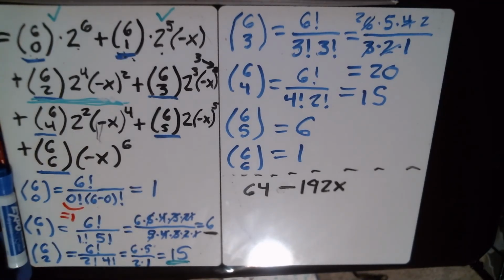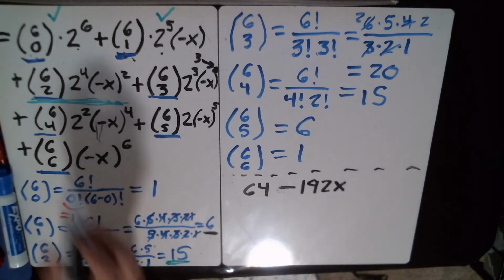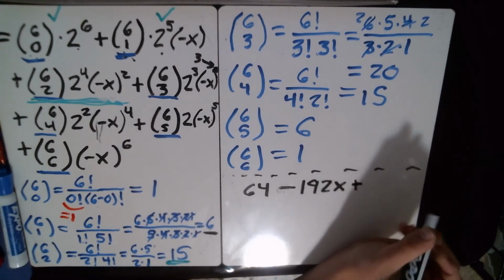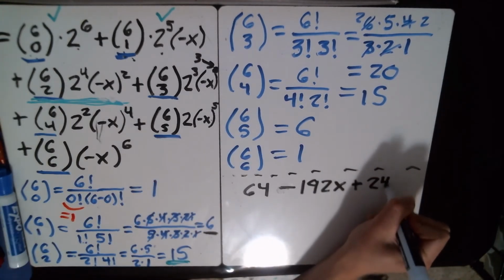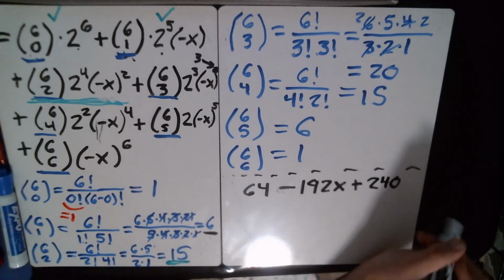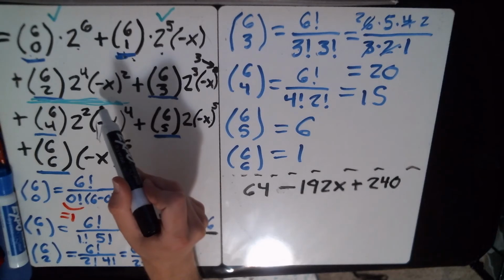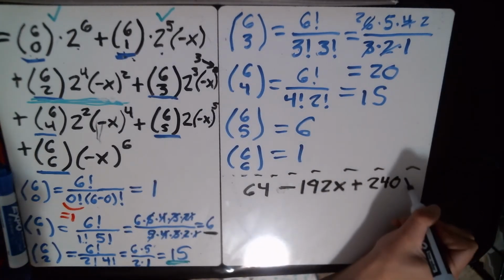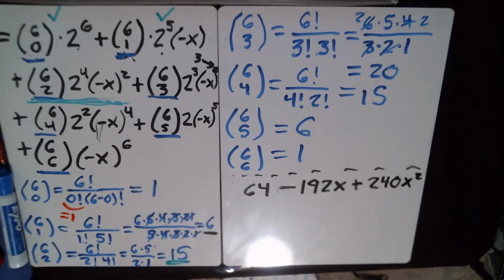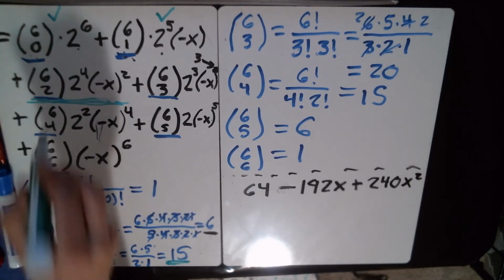When you square the negative, it just gets rid of that negative. So we're just going to have plus 240, that was what 15 times 2 to the 4th was, times positive x squared.